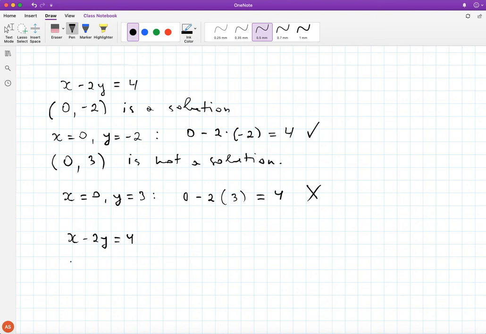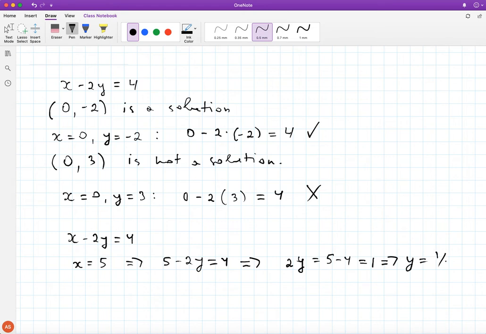For example, if we select x equals 5, I can plug that value of x into the equation to get 5 minus 2y equals 4. And then we can solve for y. In this case, we get 2y equals 5 minus 4, which is 1, and so y would have to be equal to 1/2.